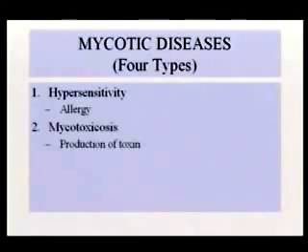The next type of reaction is mycotoxicosis. This is a toxin produced by the fungus as it grows on a substrate. Usually the substrate is grain. In warmer climates, there are always problems with the fungi growing, and the people eat the grain and they all get sick or maybe even die.